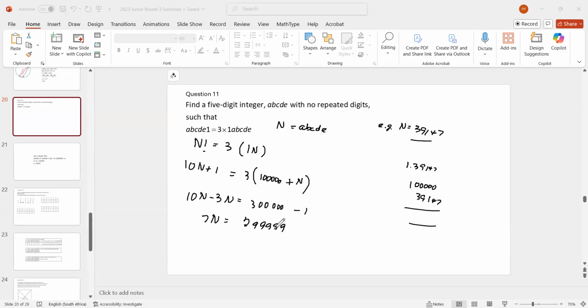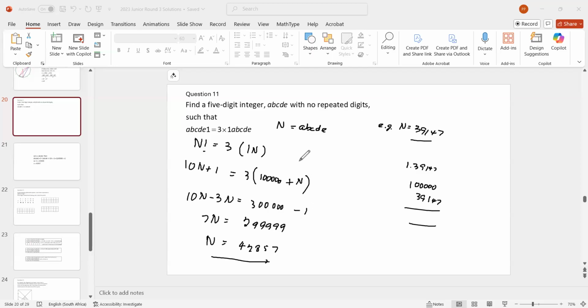I think it's 300,000 minus 1. That's 7n, so you have to divide this by 7. And you see, 7 goes exactly into this. So your number n is this number.